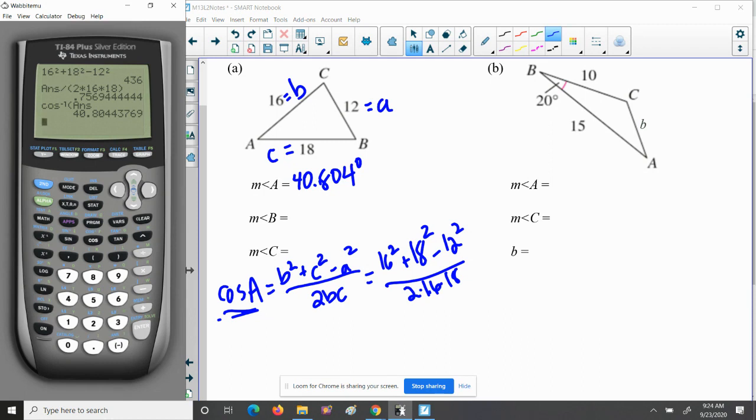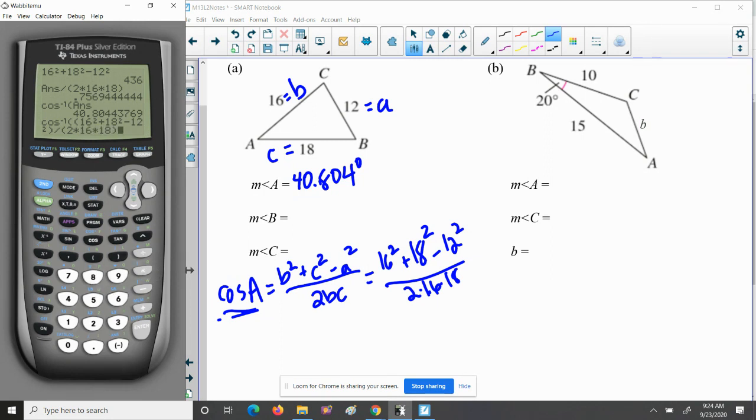If you really want to try typing it in all at once, inverse cosine. Now let's put parentheses around the top. 16 squared, oops, I forgot my plus, plus 18 squared minus 12 squared. Close parentheses just for the top. Divided by, parentheses for the bottom. 2 times 16, oops, helps if you get it in there, 16 times 18.